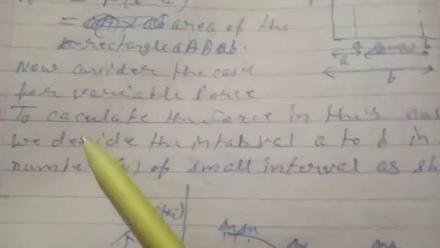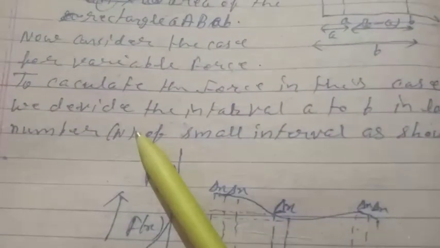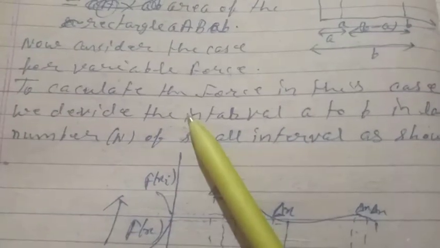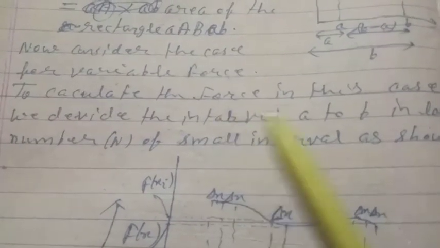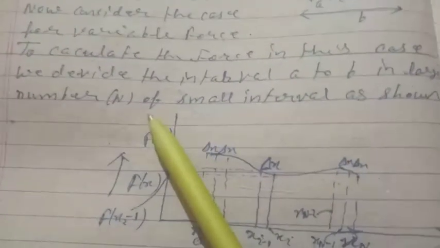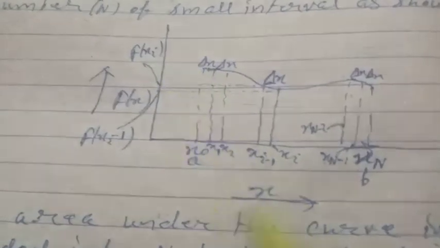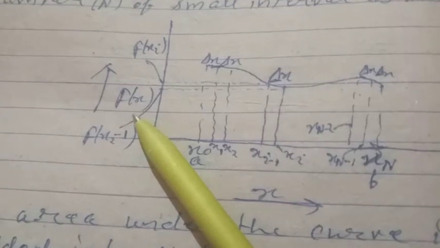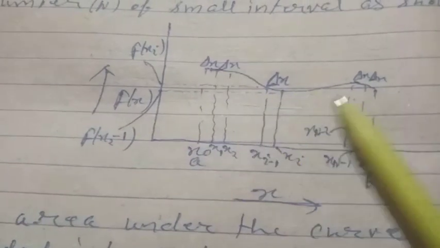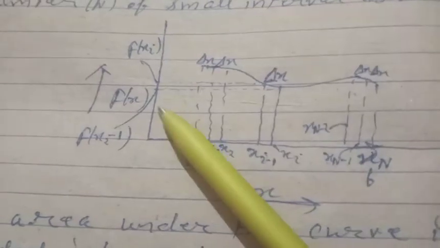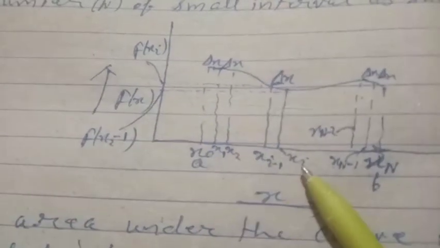Now consider the case for variable force. To calculate the work in this case, we divide the interval a to b into a large number n of small intervals as shown in the figure. This represents force and this represents distance, and force is variable, that is, force depends upon distance, and this is the graph between force and distance.